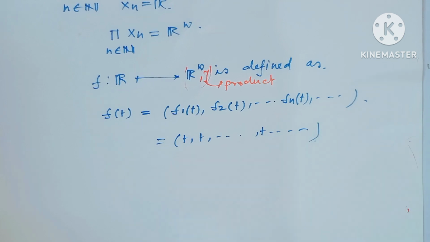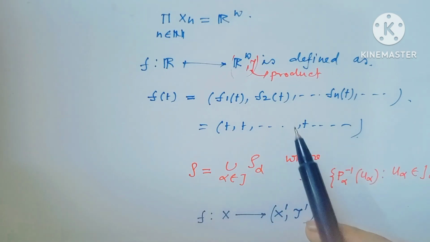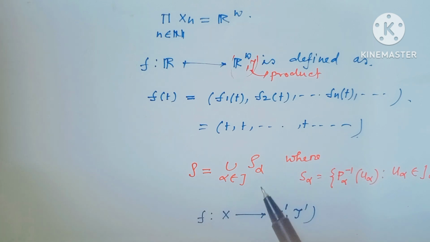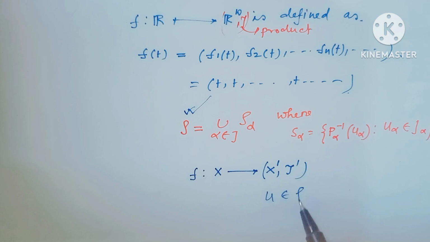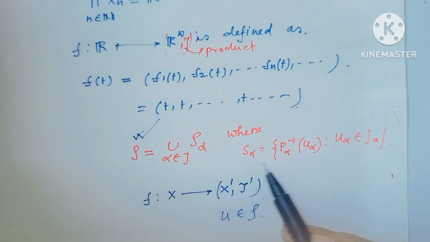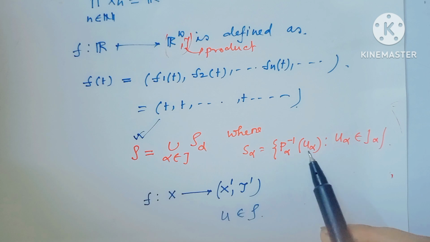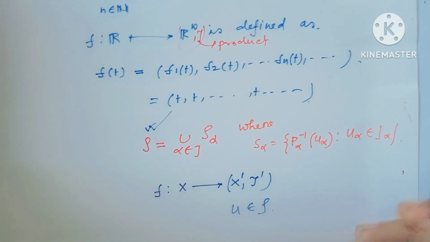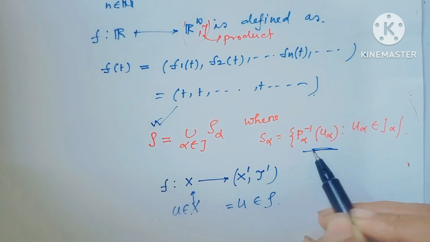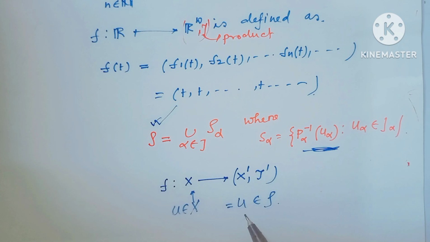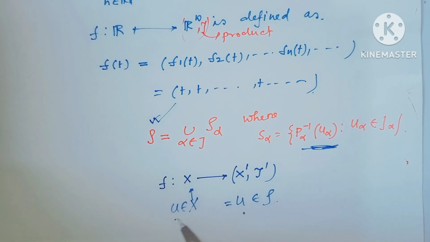This is very easy. The product topology is generated by this type of subbasis element, and any open set in this subbasis is S_alpha, equal to the inverse image of the projection map of an open set, because this is the inverse image. So each such open set is a member of this subbasis.